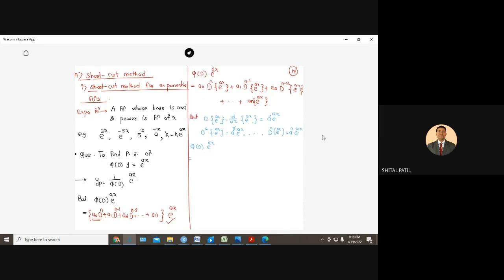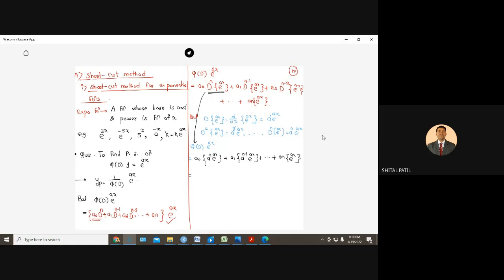So equal to, I'm writing it from here. Okay, a naught. When d raised to n operated on e raised to x, what is it? a raised to n e raised to x plus a1, then a raised to n minus 1 e raised to x, and now so on until the last term a n e raised to x.